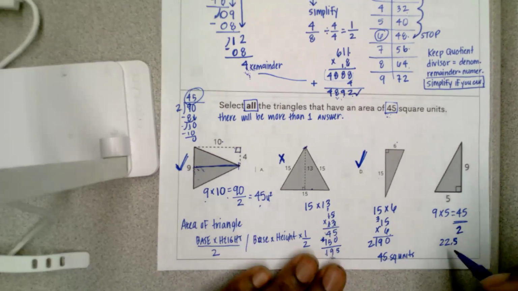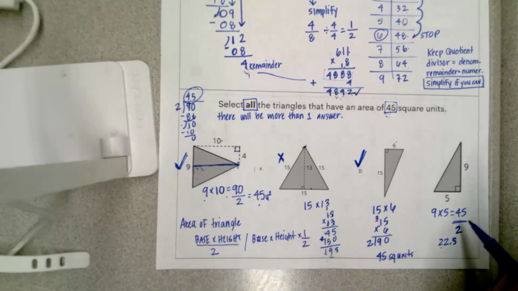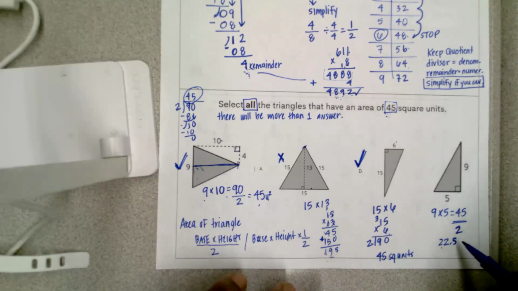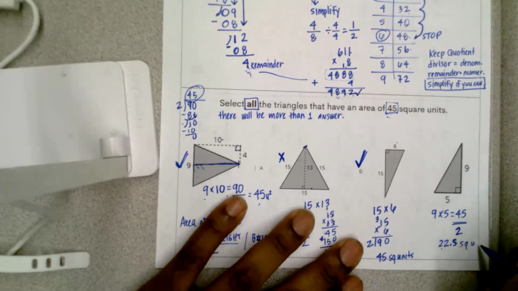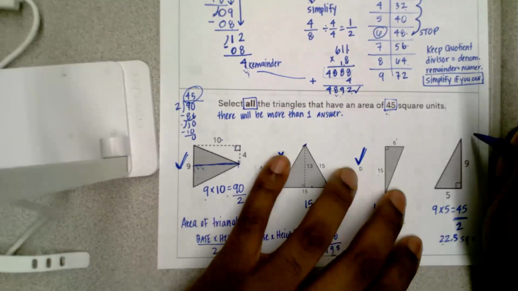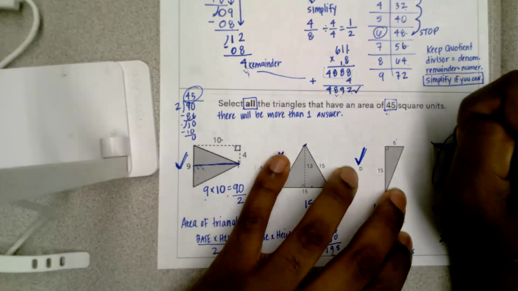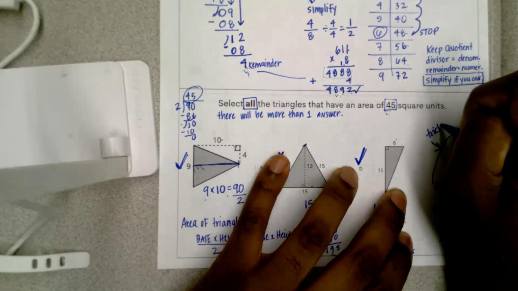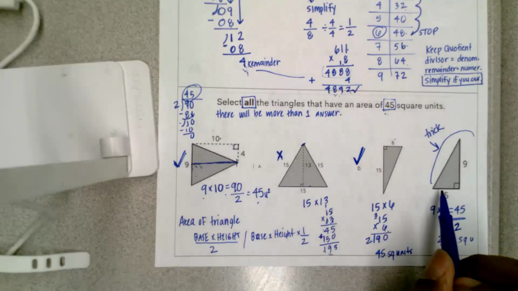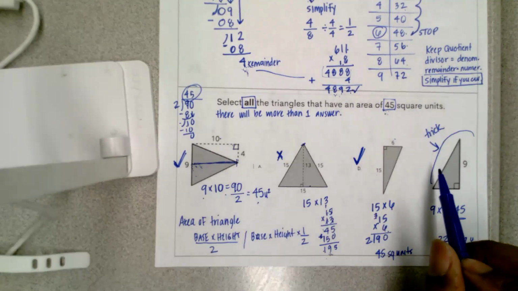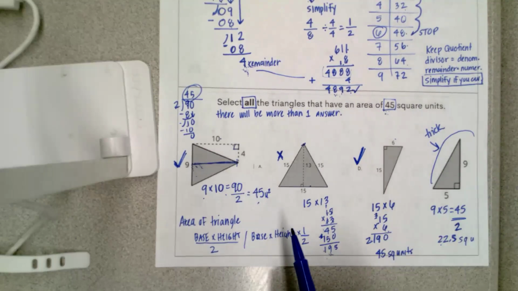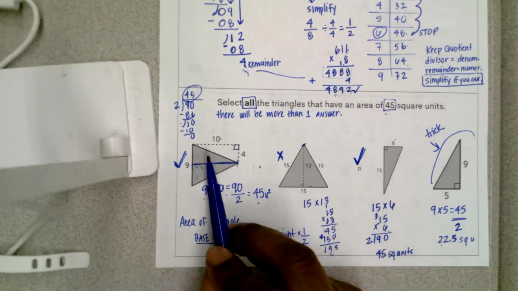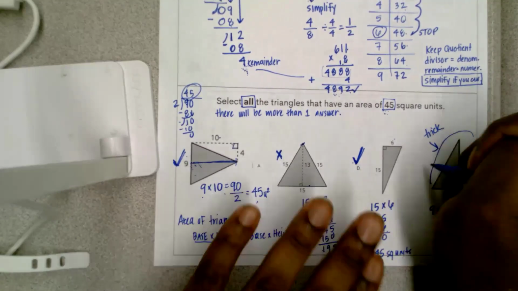I believe so, because 22 times 2 is 44, and then 0.5 on both sides gives that extra point. So it's 22.5 square units. This was a trick. Do you see how this was a trick? Right? So don't get tricked. Follow what you know. So my correct answers are this one and this one. This is also incorrect.